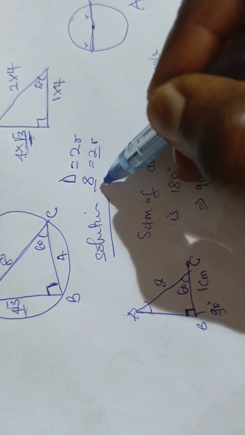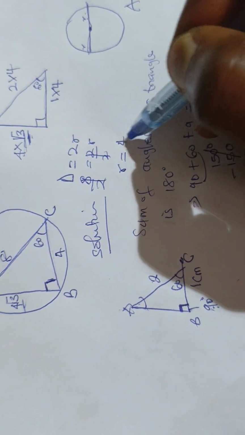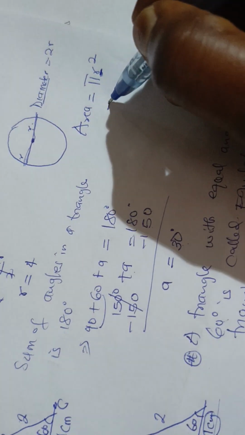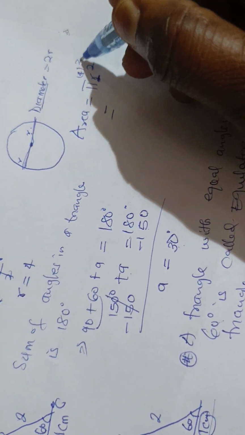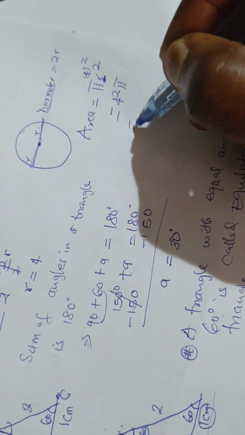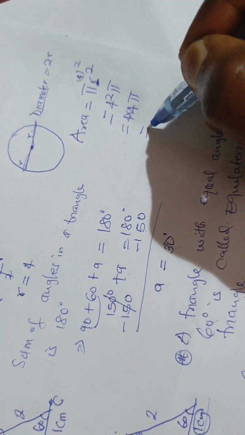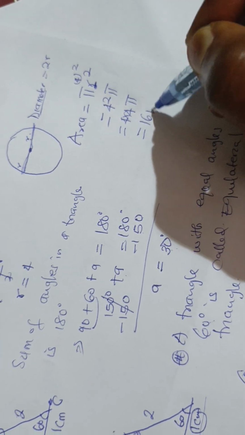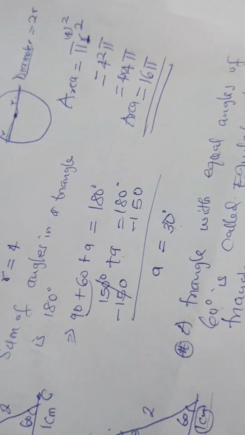By dividing both sides by 2. So the radius here is 4. So we now come here, our radius is 4, then you square it. Now 4 squared times pi, 4 squared means 4 times 4 pi, and this is going to be 16 pi. The area of this circle is 16 pi.